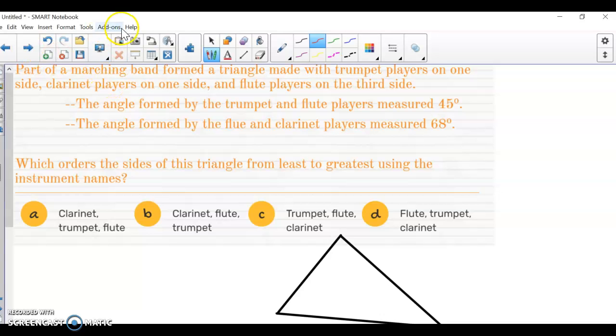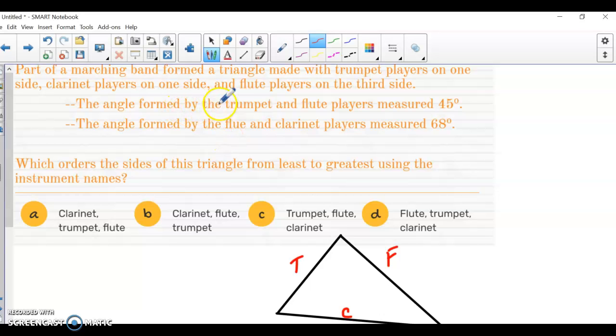Another example, we have part of a marching band formed a triangle made with trumpet players on one side, clarinet players on one side, and flute players on the third side. So again, I'm going to label what I have. One side is made of trumpet players, one side is made of flute players, and one side is made of clarinet players.